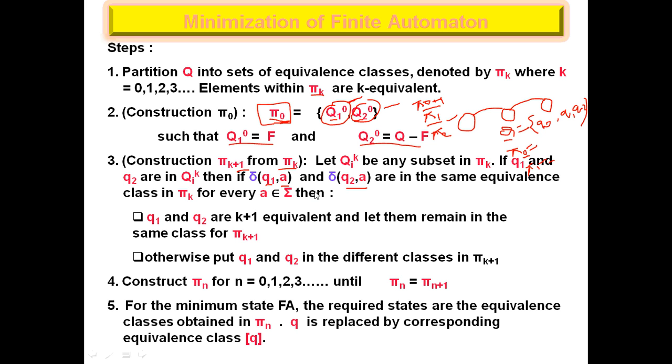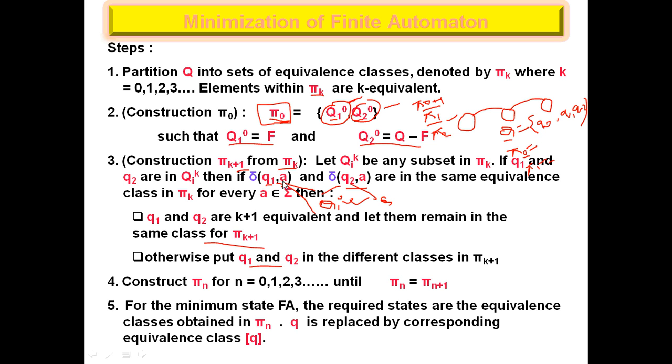So it means both states belong to the same class. If they go to different states, it means they are in different, separate classes. That is how it is written here.